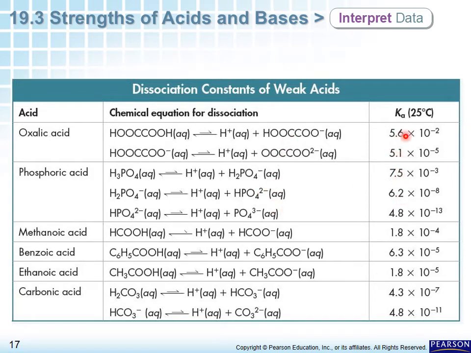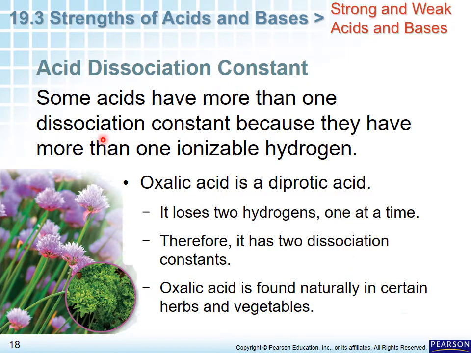So oxalic acid has two different acid dissociation constants, and phosphoric acid has three different ones, meaning the first step gives you this, the second step this, the third step this, and so on. Some acids have more than one dissociation constant because they have more than one ionizable hydrogen, as we just previously discussed.